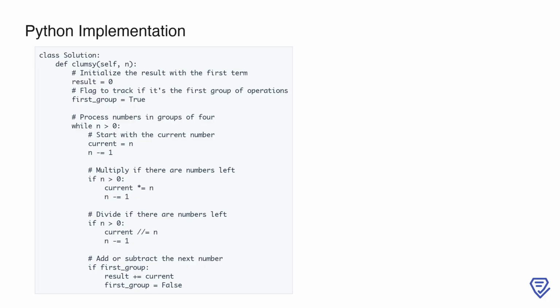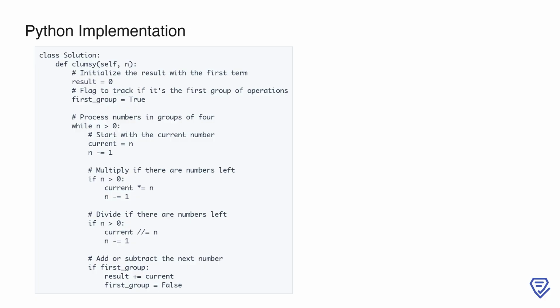At this stage, we begin processing groups of 4 operations: multiply, divide, add, and subtract. If there's still a number left, we multiply current by the next number and decrement n again. Similarly, if another number is available, we perform integer division on current and further decrement n. After handling multiplication and division, we check the first_group flag.